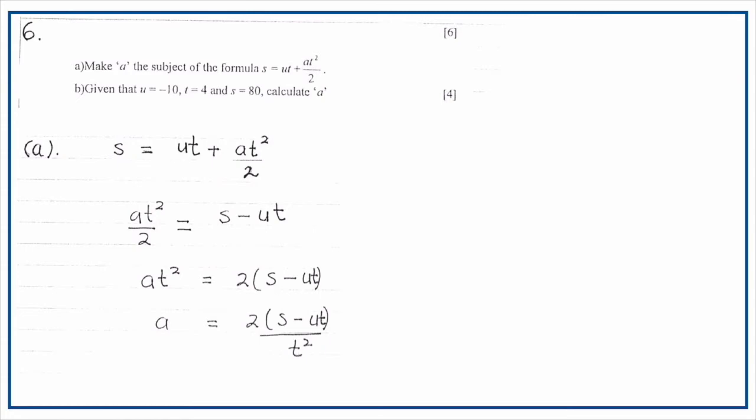We cross multiply, so we write at squared equals 2 open bracket s minus ut close bracket. So a, when you divide both parts by t squared, so a equals 2 open bracket s minus ut close bracket divided by t squared.